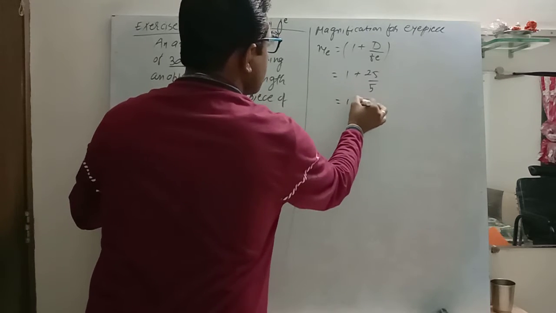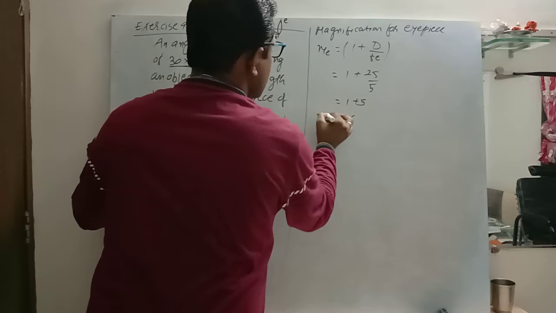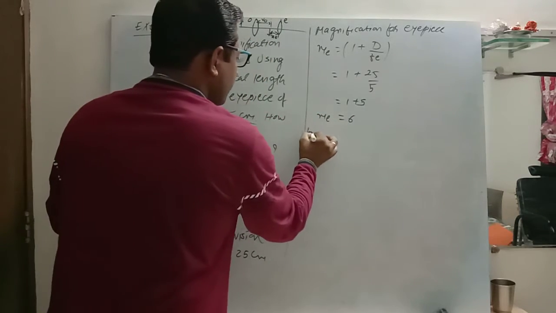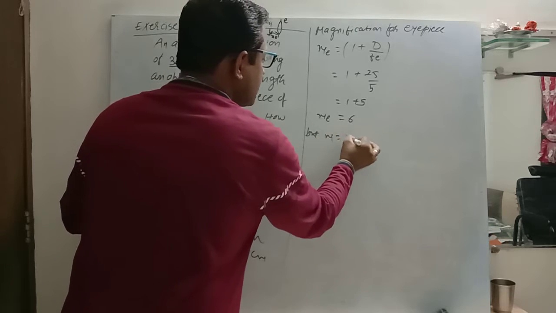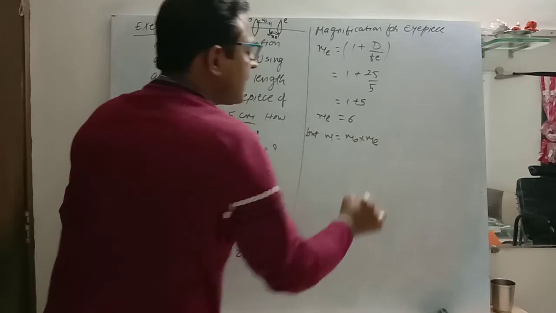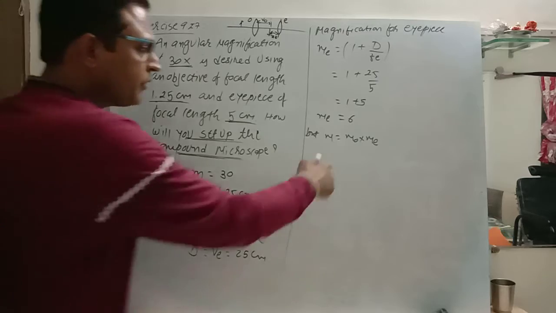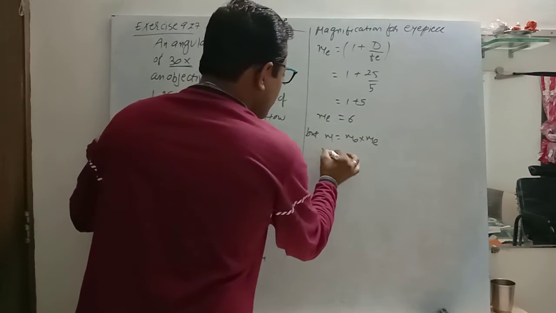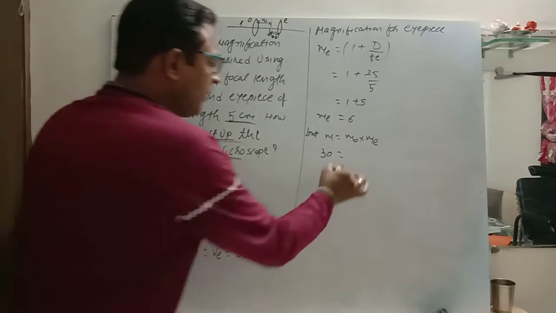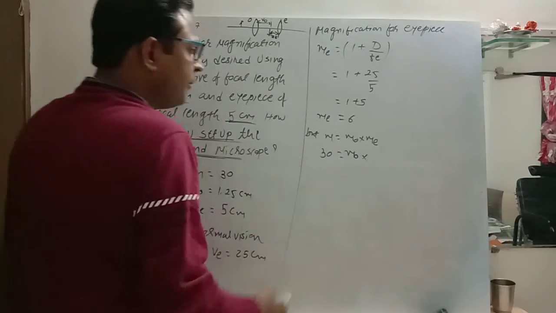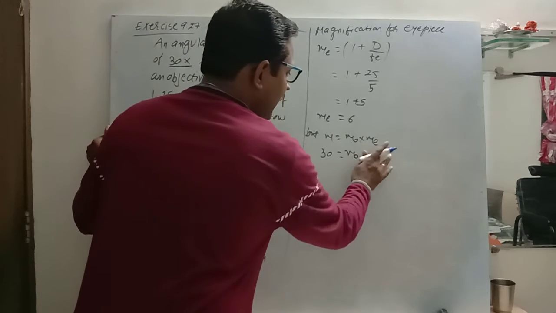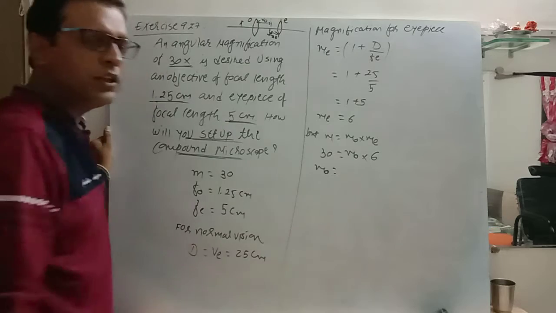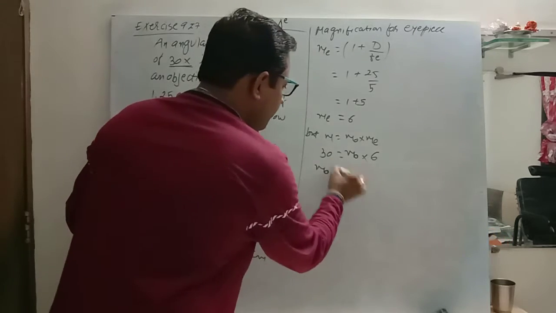That's why it is 1 plus 5, which is 6. Magnification for the eyepiece is 6. The total magnification is MO into ME for the combination of the two lenses, objective and eyepiece. Therefore, total magnification is 30, the magnification for the eyepiece is 6. That's why the magnification for the objective MO is 5.